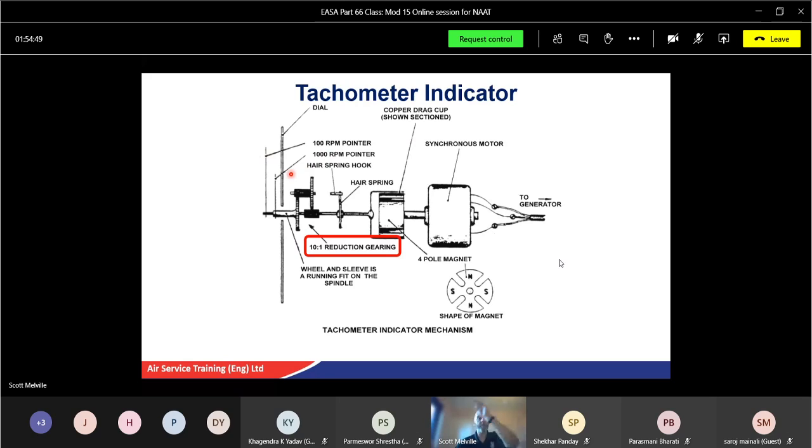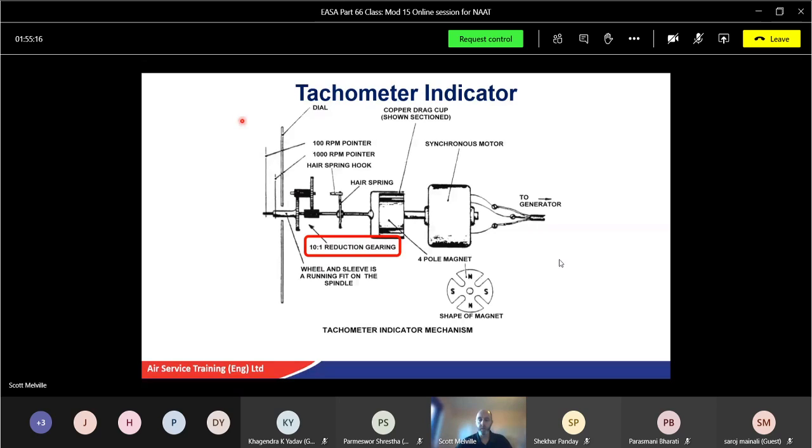So for every 10 that goes round, that'll be 1000, 2000, 3000. All right, so that's the basic tachogenerator tacho indicator. So three-phase squirrel cage for the motor and a drag cup, 10-to-1 reduction gearing for the indicator. Okay, put this pointer back again.